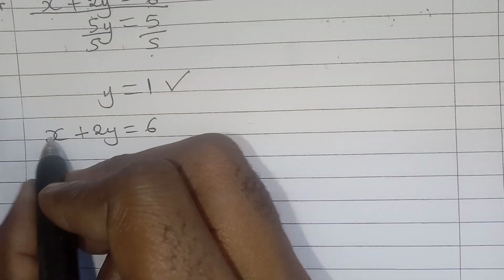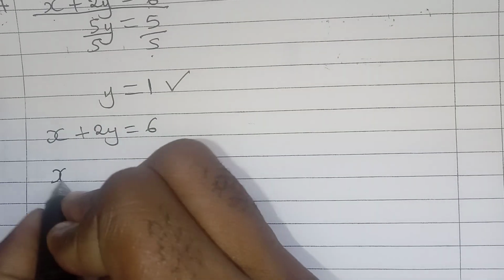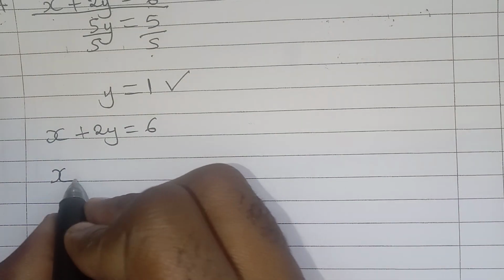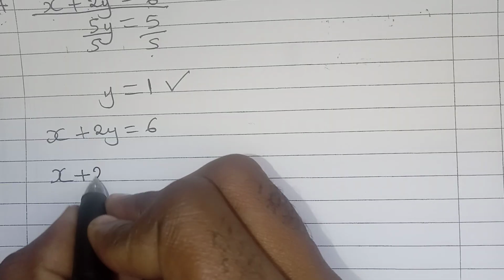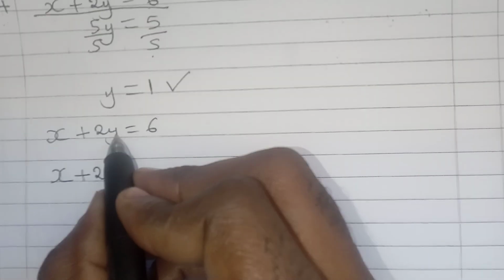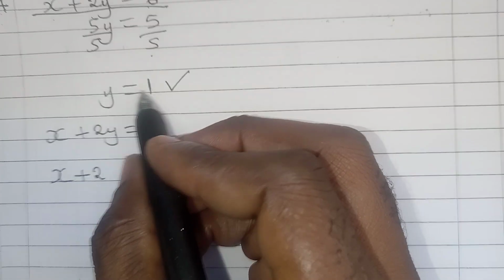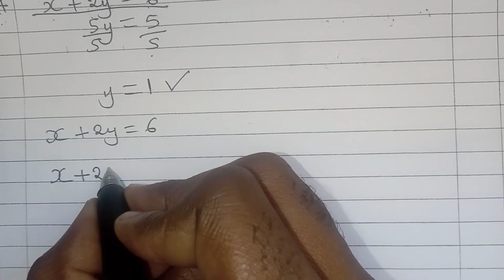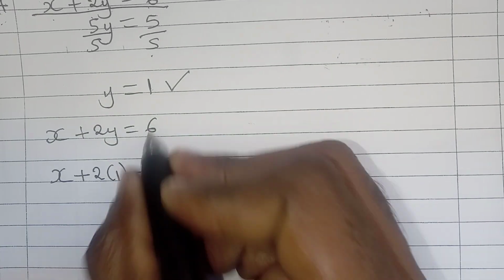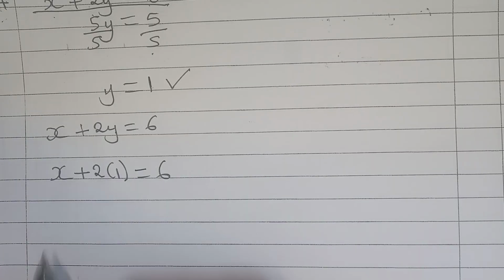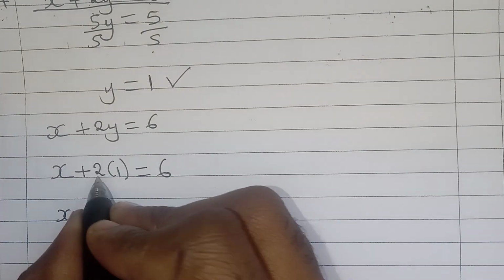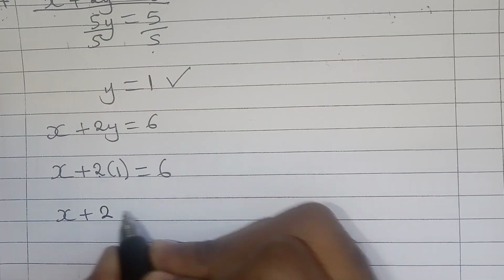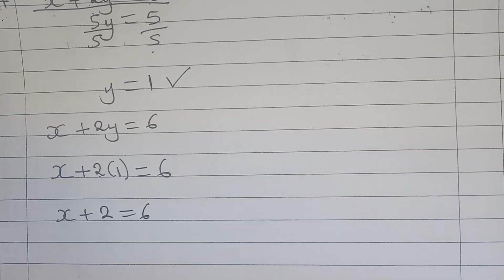And then x is unknown, you leave it as it is, plus 2y. y is known, y is 1. So you can put your 1 there, and then this is 6. So you have x plus 2 times 1, this is 2, and then this is 6.